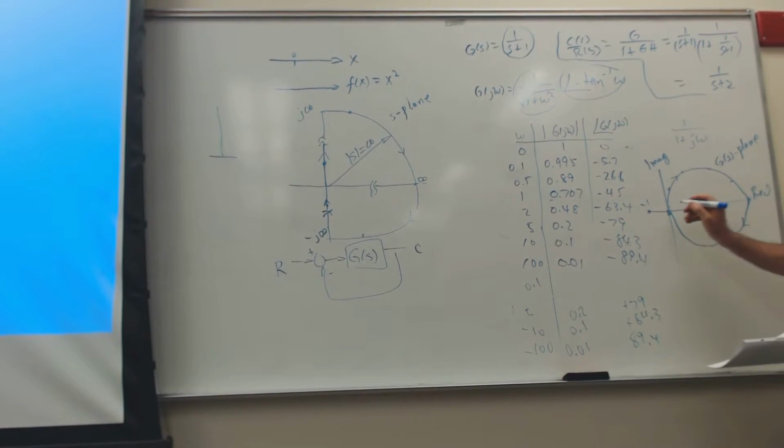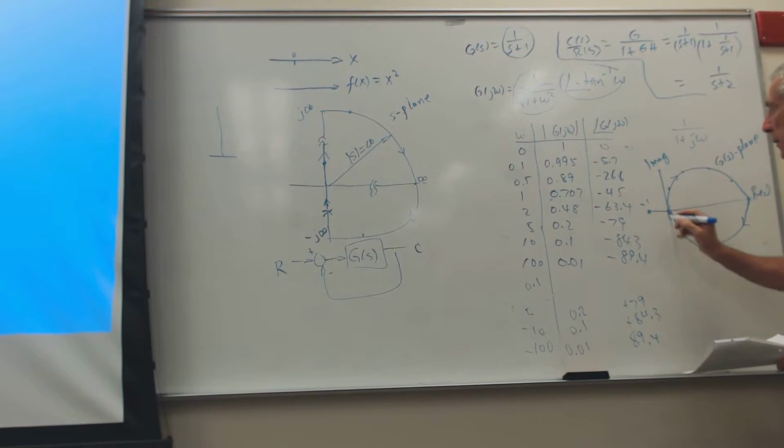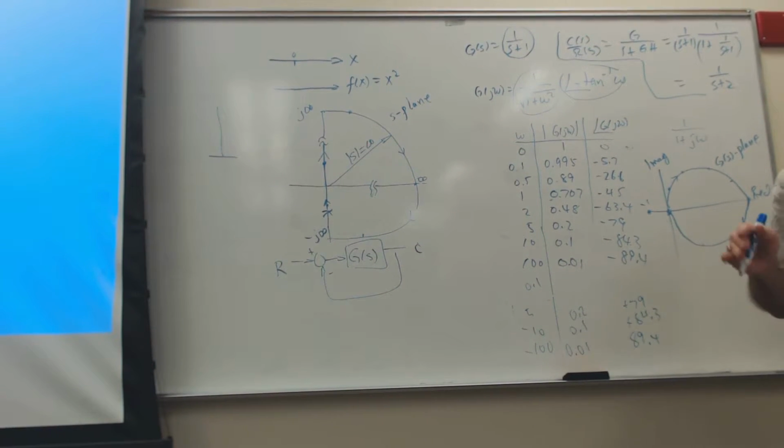And later, what we're going to see is that as long as the net number of clockwise encirclements about that -1 point is 0, then we can determine system stability in many cases. And I'll be more specific as I go along.